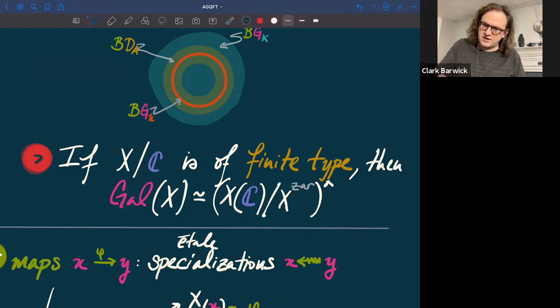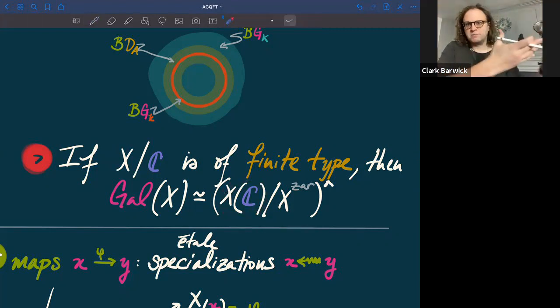If you have a scheme of finite type over the complex numbers, you can take the complex points, again, with its classical topology. So you should think of this as a complex manifold. And what happens? For every algebraic stratification of that manifold, I get a corresponding stratified homotopy type. I'm going to take the limit of all those stratified homotopy types over all the possible algebraic stratifications.